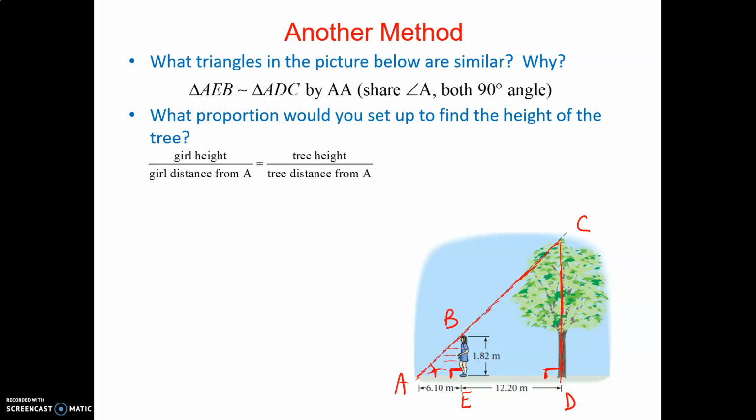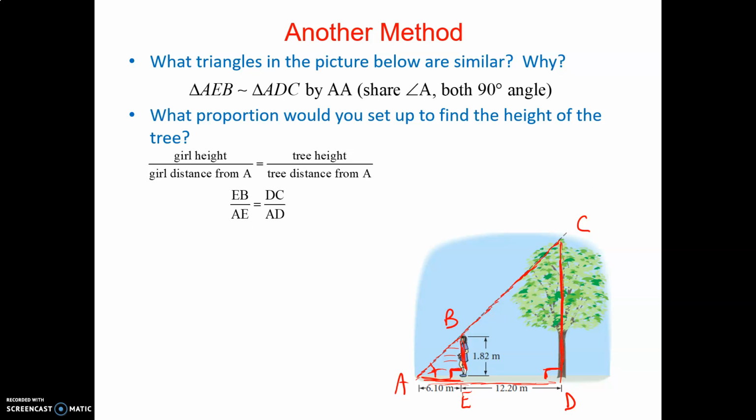So we set up the girl's height over the girl's distance from A equals the tree's height over the tree's distance from A. So this height over her distance from A and the tree's height over that same corresponding side in the triangle, the tree's distance from A. Now I fill in my numbers, or my letters.